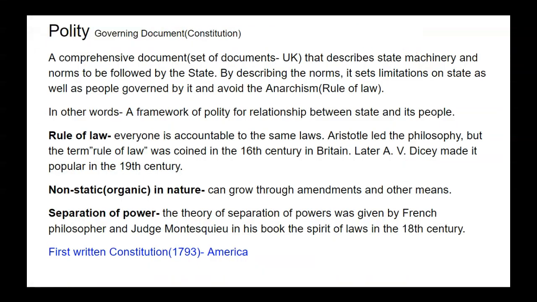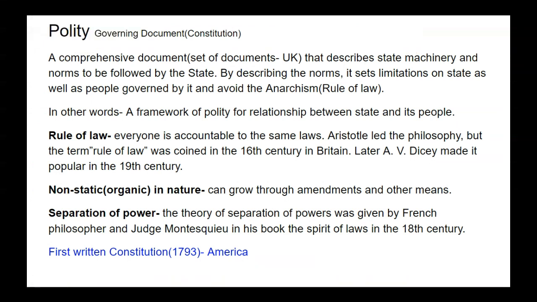Now the governing document, another pillar of governance. We will basically learn about constitution. Constitution is a comprehensive document or set of documents in case of UK and other countries, that describes state machinery and norms to be followed by the state.